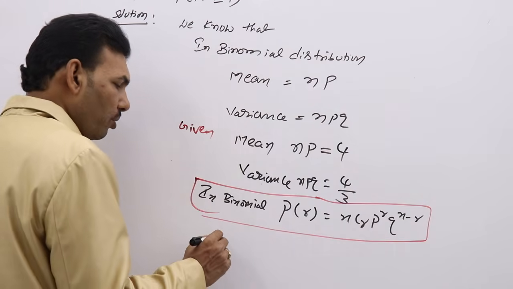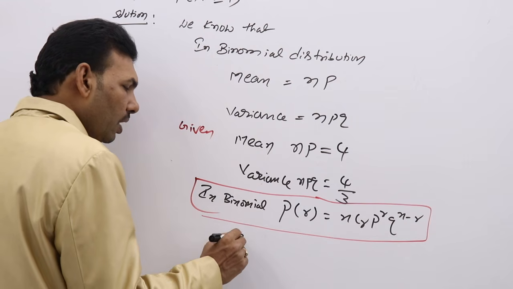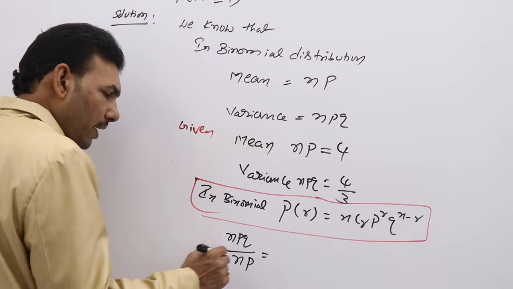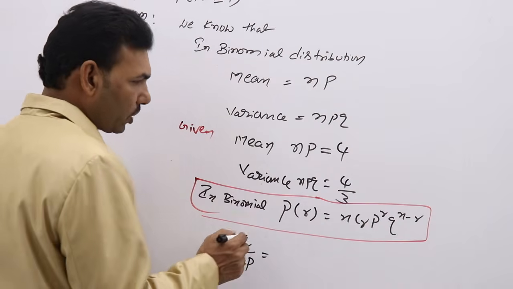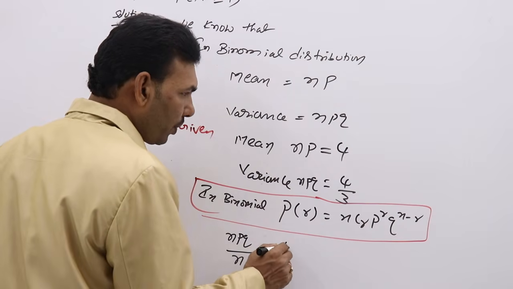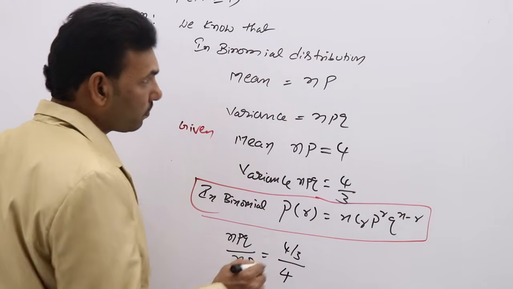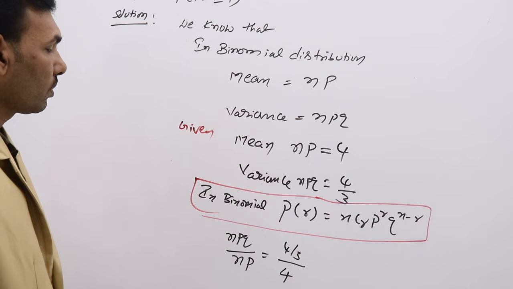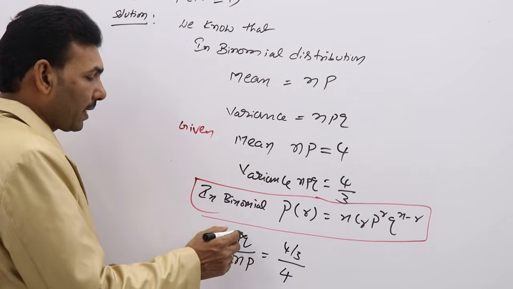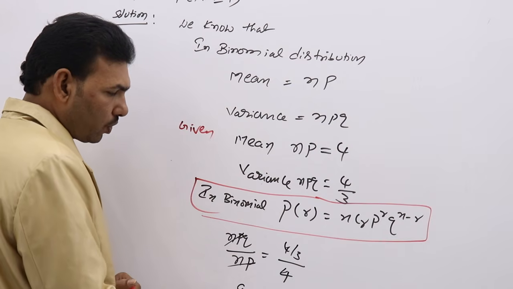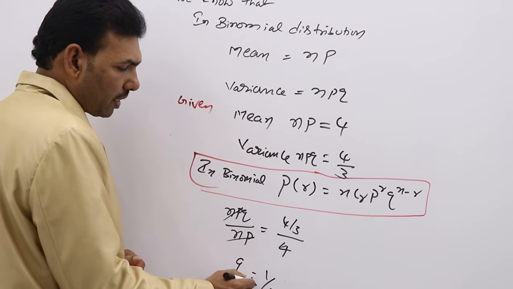Now what I am doing, I am finding Q by dividing NPQ by the NP value, so that NP gets cancelled and we get the Q value. NPQ is 4 by 3, divided by 4. Here NP gets cancelled, 4 gets cancelled, Q is 1 by 3.